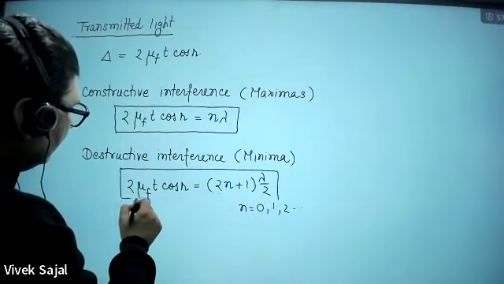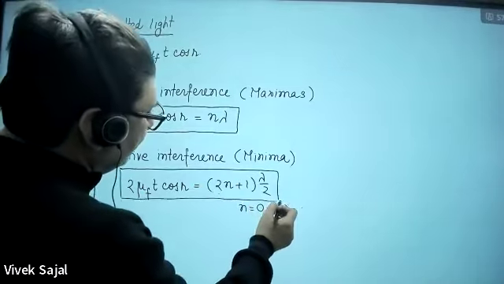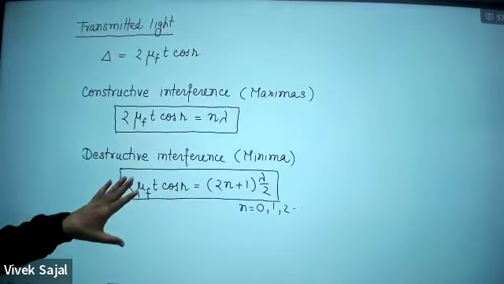So these are the conditions of maxima and minima in the transmitted light.